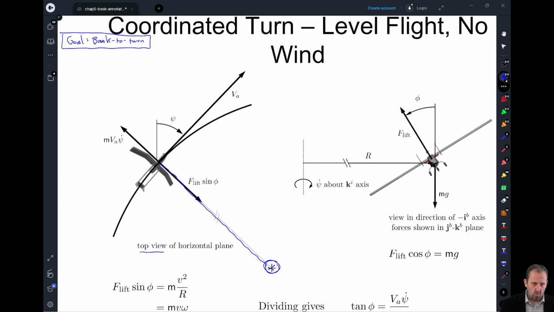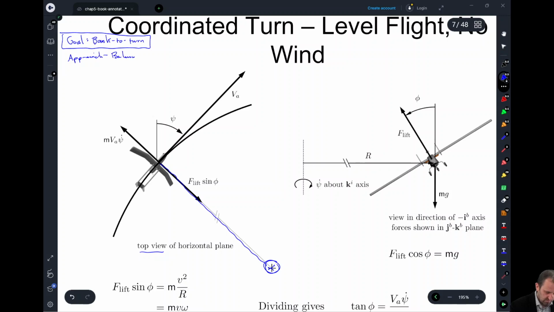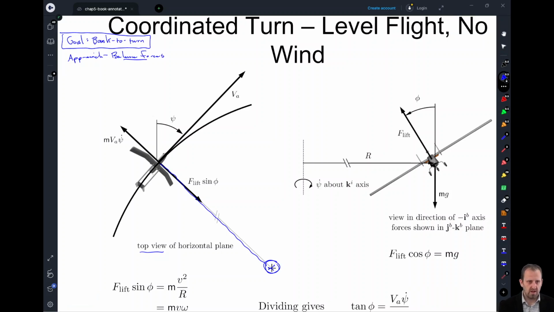So what we need to do in order for that to happen is balance forces to make it so that we stay on that circle. Let me write that down. Our approach is we're going to balance forces. Assuming our aircraft is in the desired state, we have to make sure that our forces are balanced.